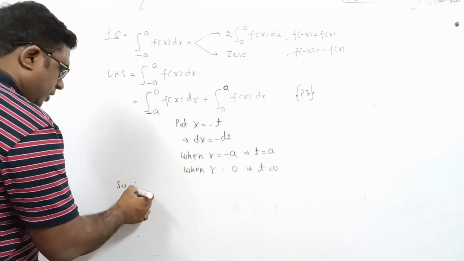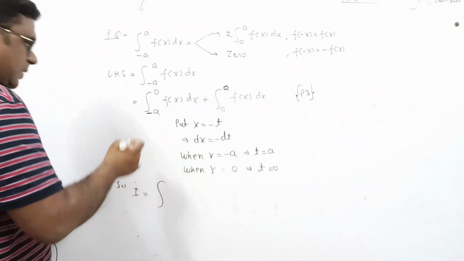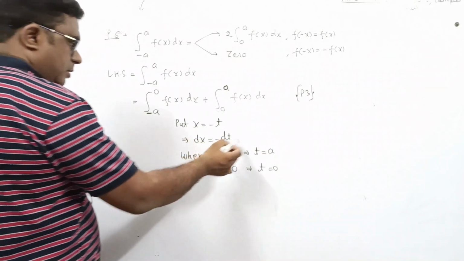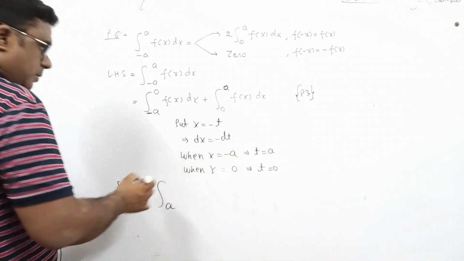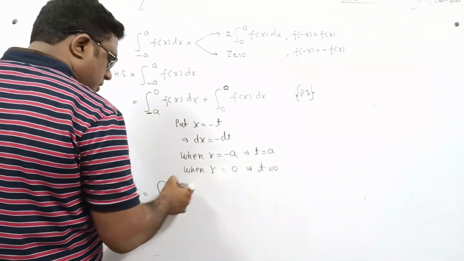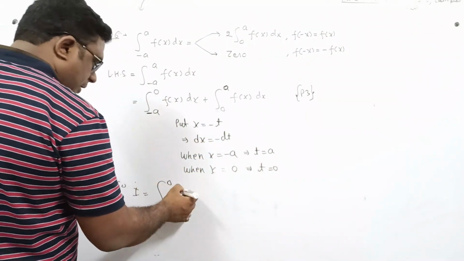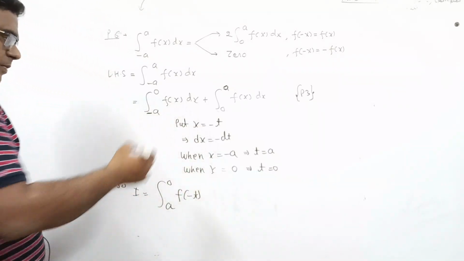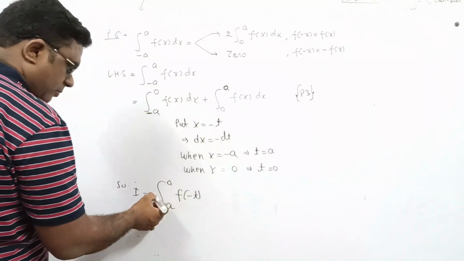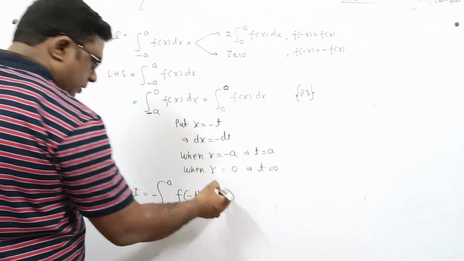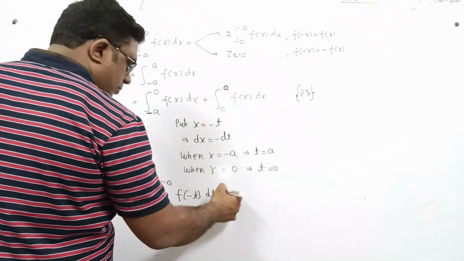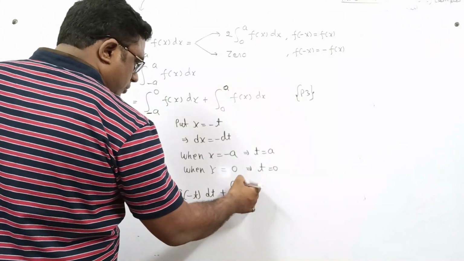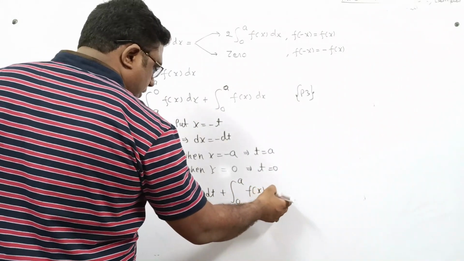So our integration is equal to, at minus a t is a and at 0 t is 0. F in place of x, minus t taken, and dx is minus dt, so minus will go out and dt here. And in the second term, no change. So 0 to a f(x) dx.